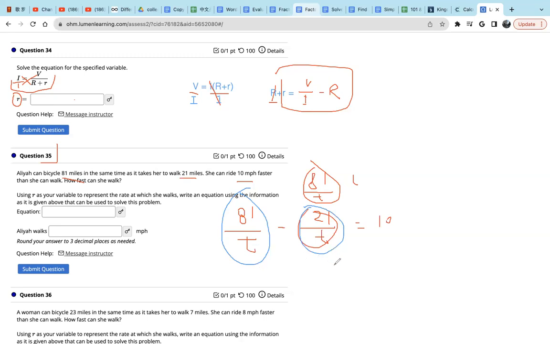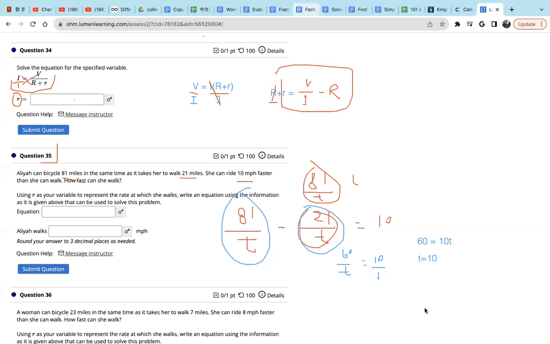Common denominator, 81 minus 21 is 60. So we have 60 divided by t equals 10. We use cross multiplication again, because 10 is 10 over 1, right? So that gives us 1 times 60, this is 60, equals 10 times t. We divide by 10 on both sides, so t equals 6 hours.